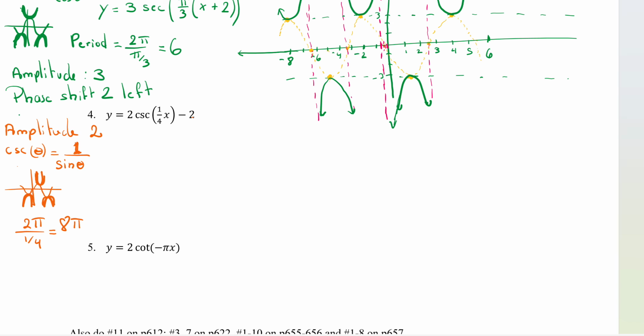We don't have a phase shift, but then there is a midline of -2. Okay, so if I have a midline of -2 and an amplitude of 2, let's find the max. The max will be the midline plus the amplitude, so the max is at y equals 0, and the minimum will be the midline -2 minus the amplitude, so the minimum will be at -4.